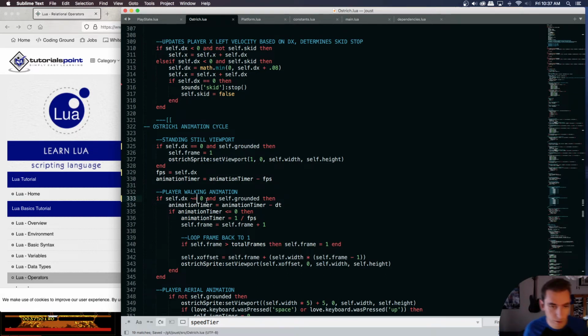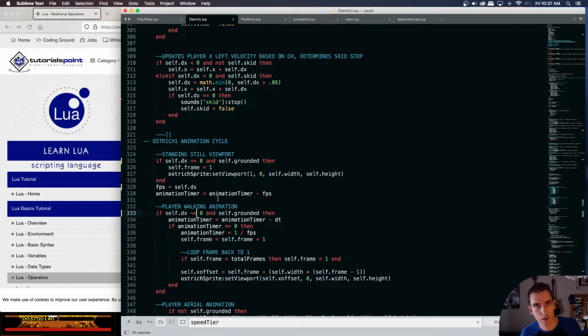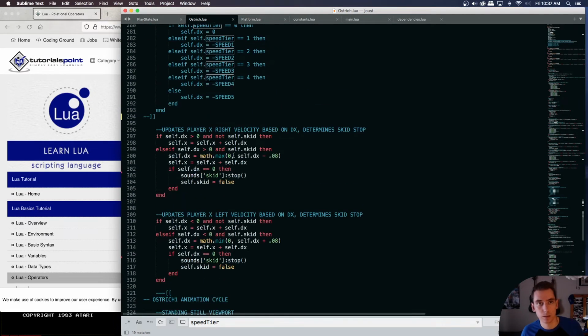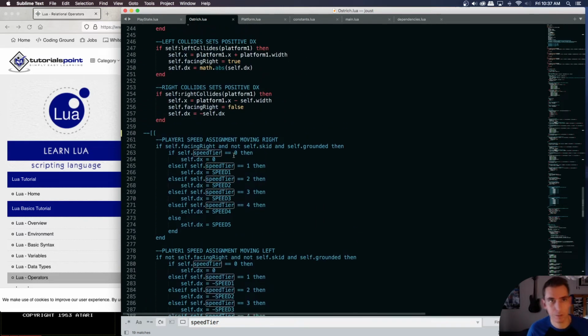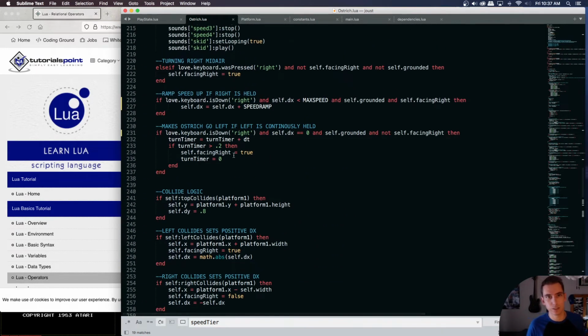A little confusing. I'm curious if I screwed up anything by just changing speedTier to dx. I guess we'll figure it out when everything's busted, right?